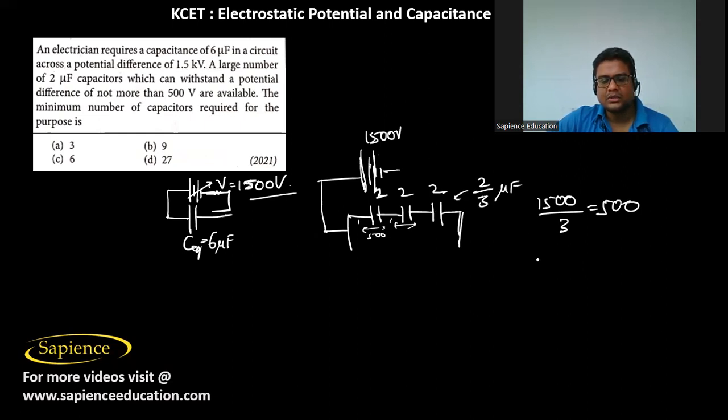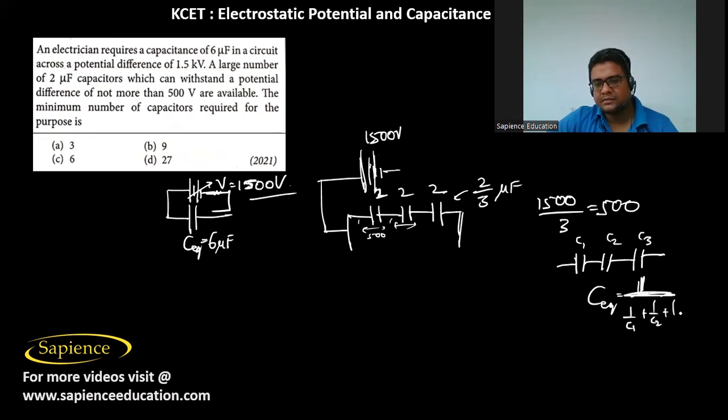Why? When three capacitors are connected in series, C1, C2, and C3, then here the equivalent capacitance will be given as the reciprocal of 1 by C1 plus 1 by C2 plus 1 by C3. So here, if the three capacitors are same, each of them are 2, then the C equivalent will come 1 by 2 plus 1 by 2 plus 1 by 2, or 1 by 2 into 3.